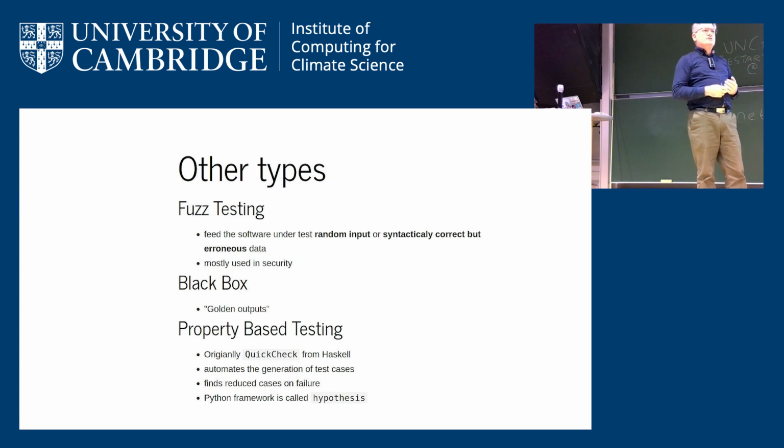The Python implementation of property-based testing is called Hypothesis. It'll give you some handy generating functions that would say generate an infinite number of integers or infinite number of floats or an infinite number of text strings, and then you can feed those into your function that you're testing and see if it survives.